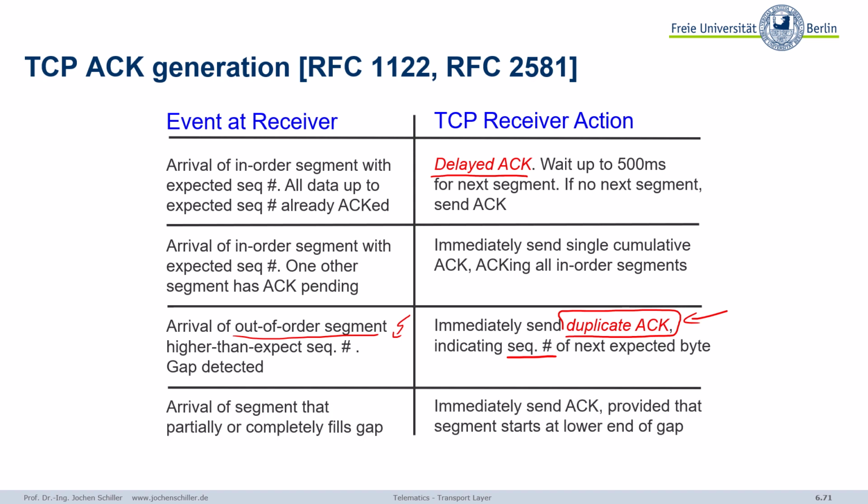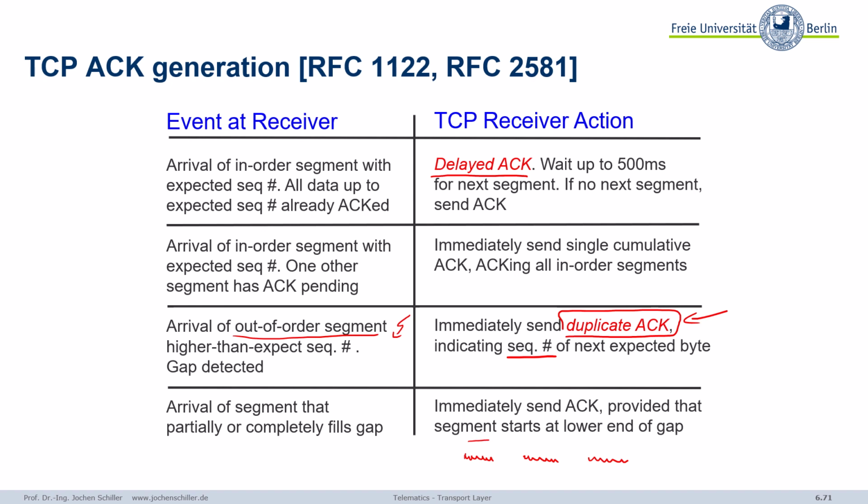There could also be a segment that fills a gap. And then I can send an acknowledgement, again cumulative, up to the sequence number where everything is received in order, everything is fine. So that's the idea. If you have received data here, then there is a gap somewhere, you received a bit here, and you received a bit there.